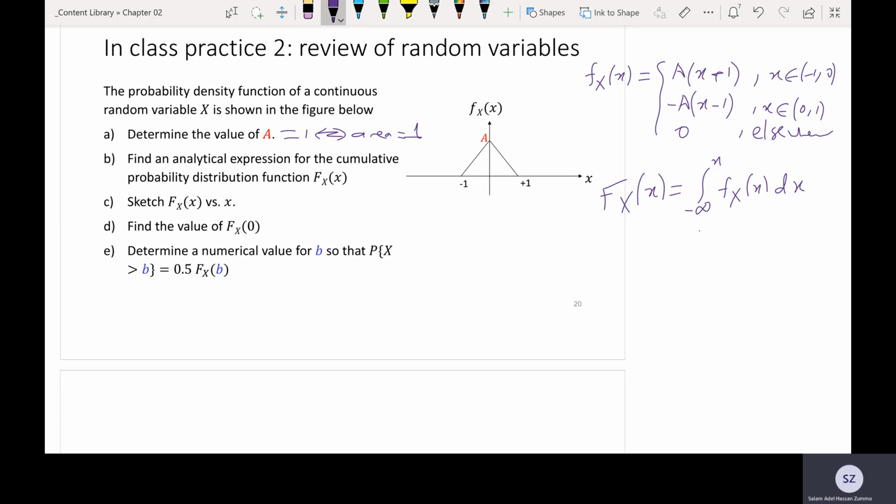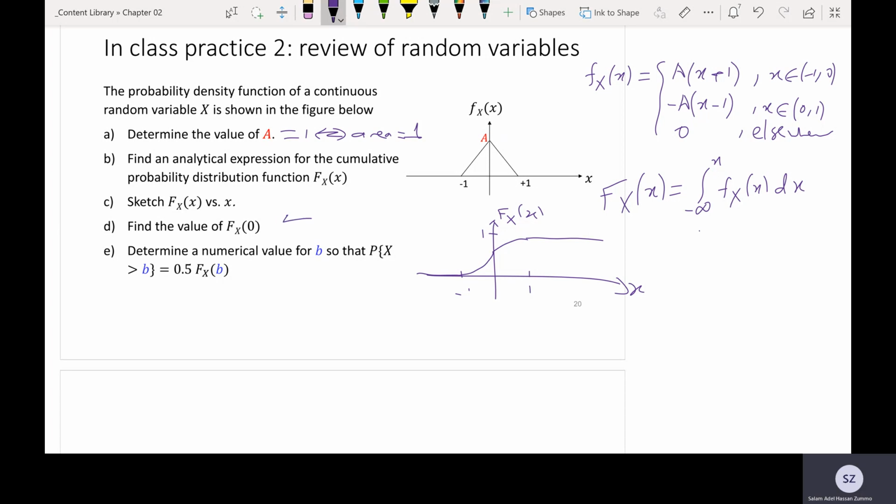So now, if you look at it, this is -1, this is 1. It will look like something like this: 0, then it increases, then starts to decay, and then reaches 1. The integration details you can find in one of the examples. Okay? Clear? How do we find this?